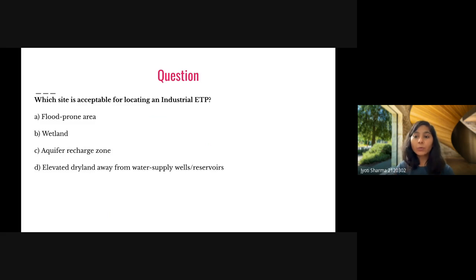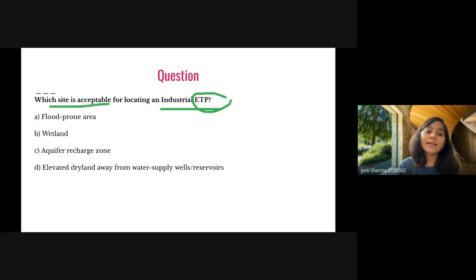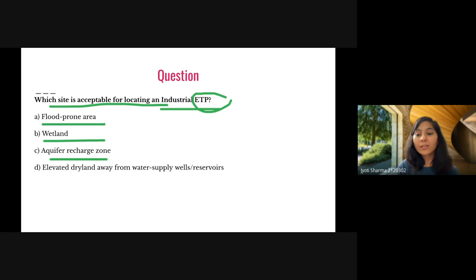Okay, so if you want to establish an effluent treatment plant, an industrial effluent treatment plant, which site is acceptable for locating that industrial ETP? Flood prone area, wetland, aquifer recharge zone, elevated dry land away from water supply wells or reservoir.